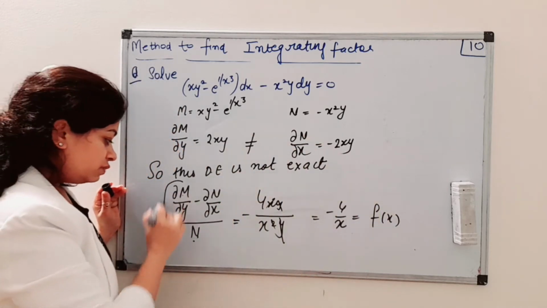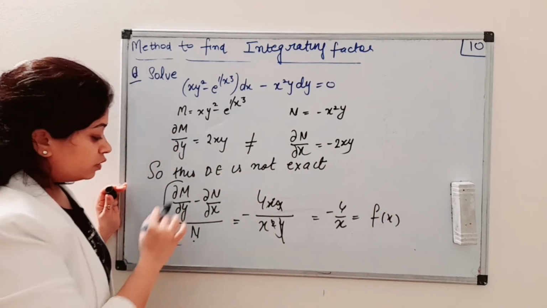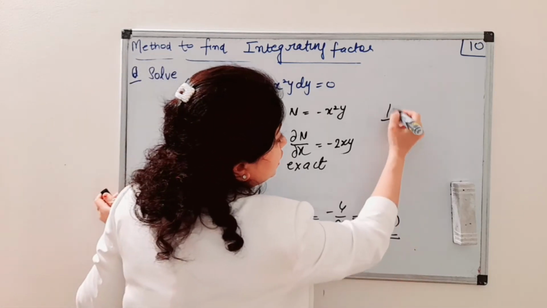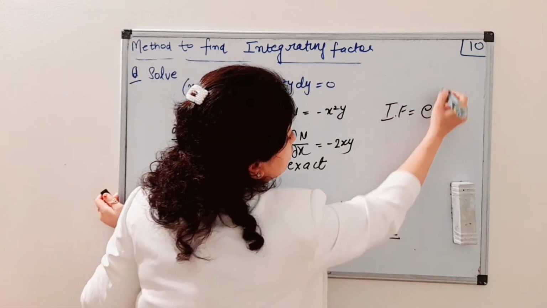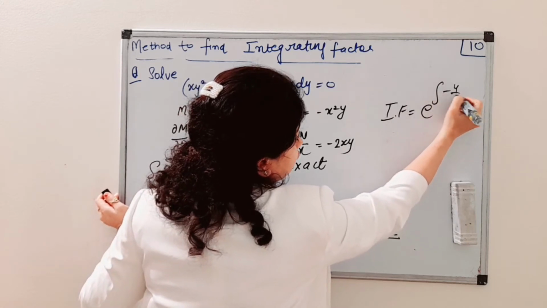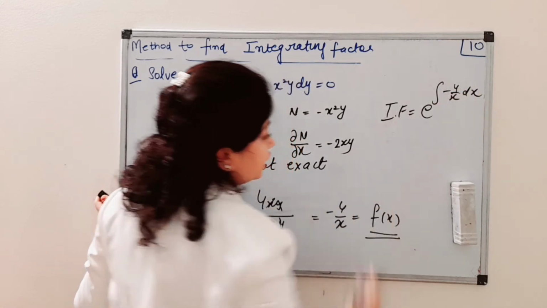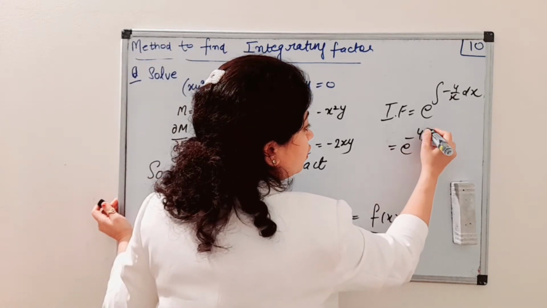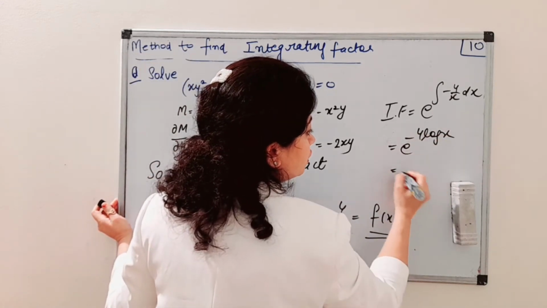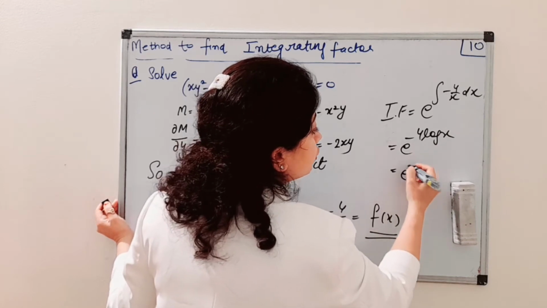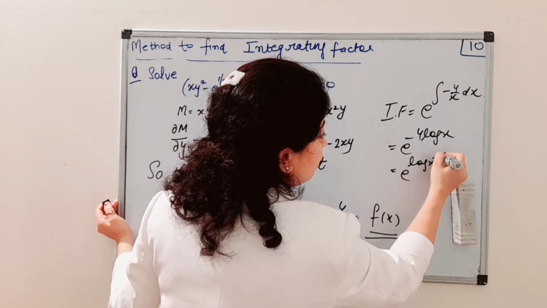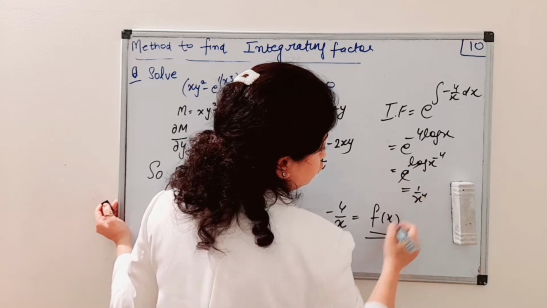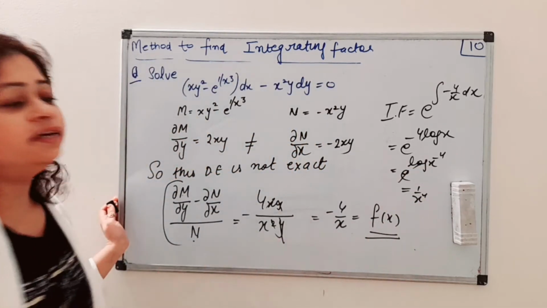So this was for learning only. If we can find the function of x, then the integrating factor is e raised to power ∫f(x) dx. So e raised to power −4 log x, e raised to power log x^(−4), that is 1 upon x⁴, is the integrating factor.